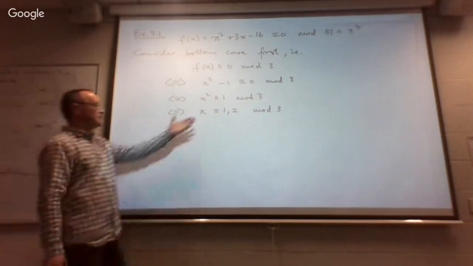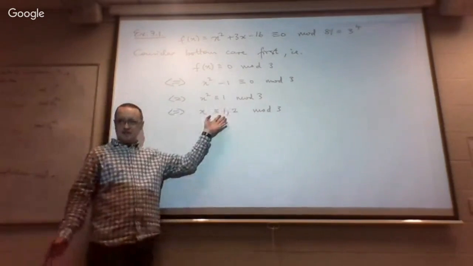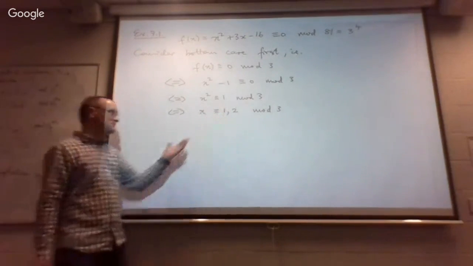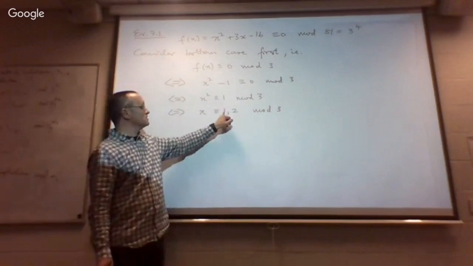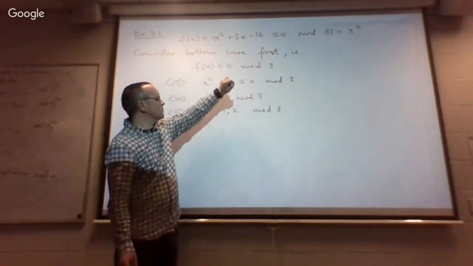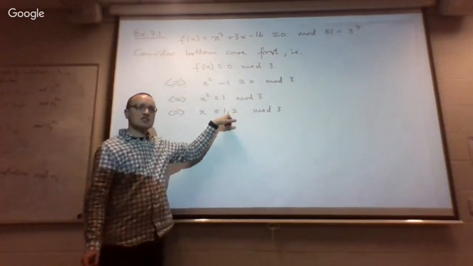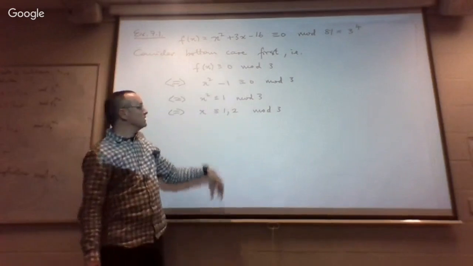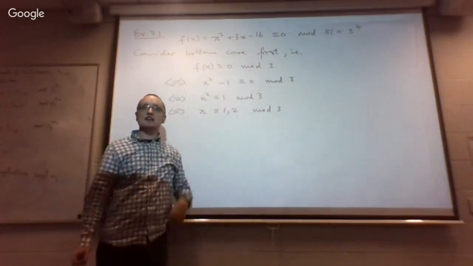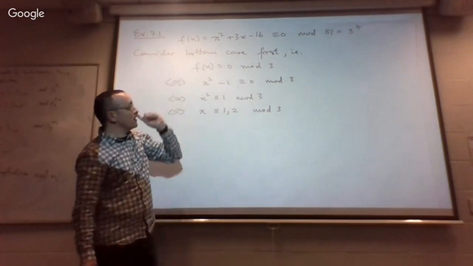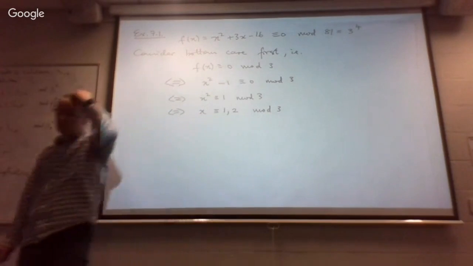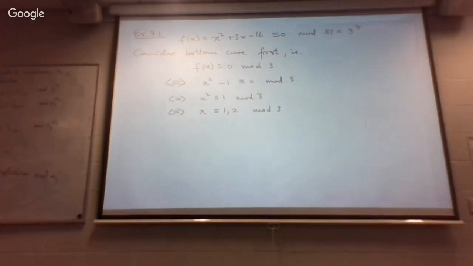But in principle, an appeal to Lagrange's theorem convinces us that there are no more solutions. So x is congruent to 1 or 2. This gives us 2 solutions to the bottom case of the problem. And it gives us 2 solutions that we can try and lift now to higher powers of 3 to ultimately try and find solutions to f of x congruent to 0 modulo 3 to the power of 4, modulo 81.